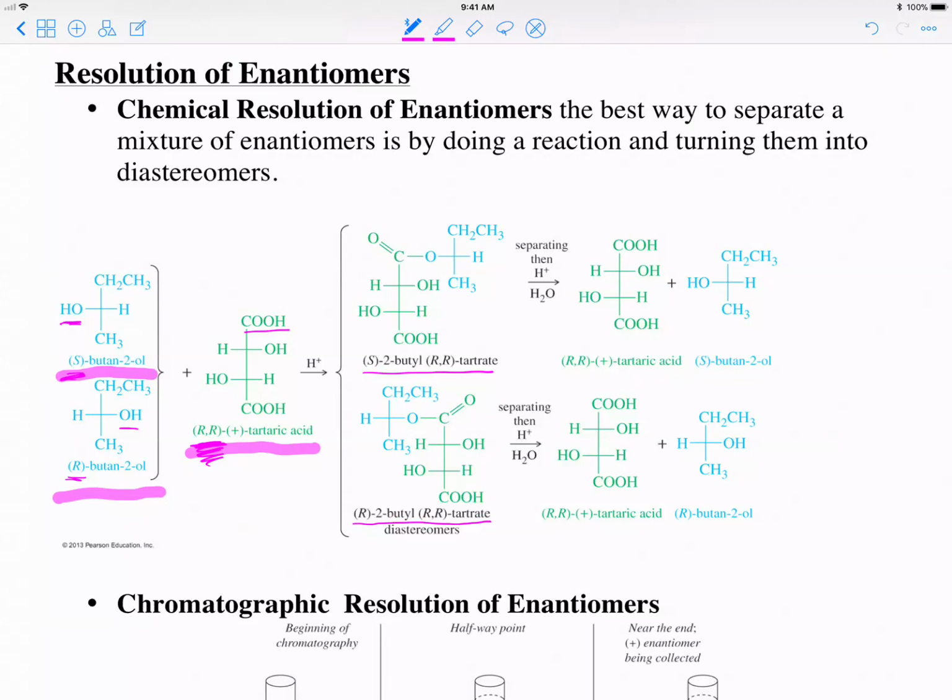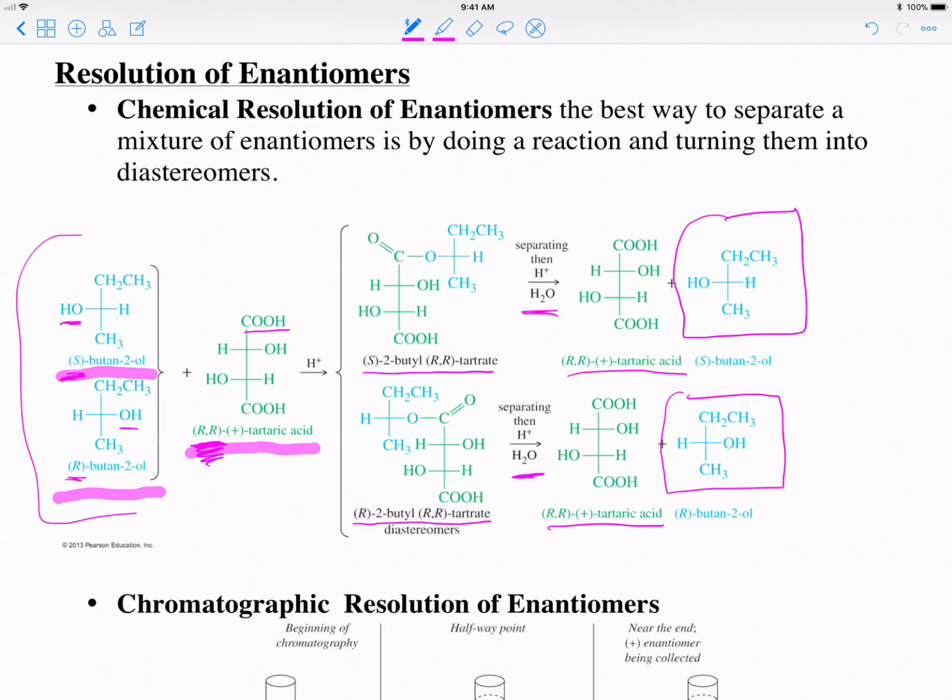And then, once I separate the compounds out, I can do a reaction, split off the tartaric acid molecule, and then I have separate S compound or separate R compound in different containers. So I can start off with both of these compounds in the same container, and I can't separate them out because they have the same physical properties.